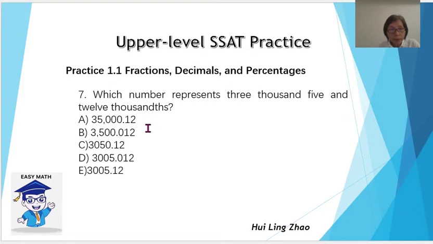Next, number 7. Which number represents 3,000, 5, and 12,000? There are 5 choices. And we compare this with 3,005.